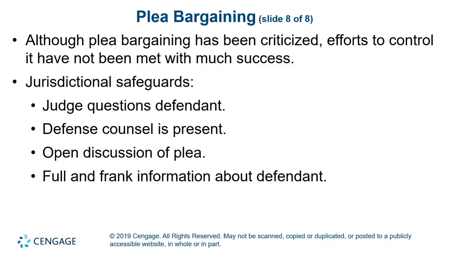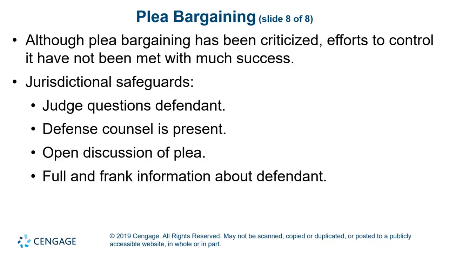Number one would be the judge questions the defendant about the facts of the guilty plea before accepting the plea. Number two, the defense counsel is present and can advise the defendant of their rights. Number three, the prosecutor and the defense attorney openly discuss the plea.